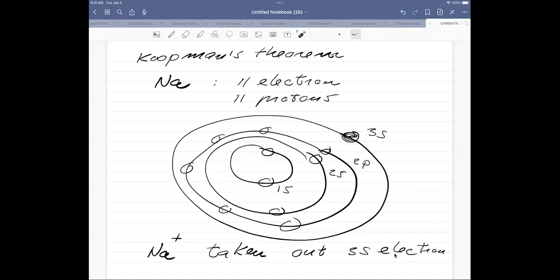Within that effective space, or these effective degrees of freedom, it makes sense to approximate this system as one where the wave function of an electron in ionized sodium is basically the same as the one in neutral sodium. That's an approximation which is made, and that's the assumption behind Koopmans' theorem.